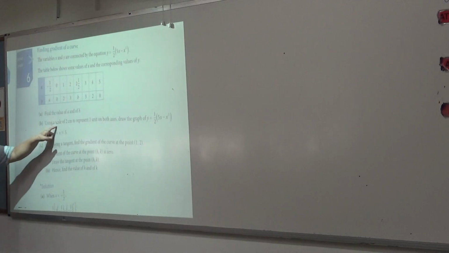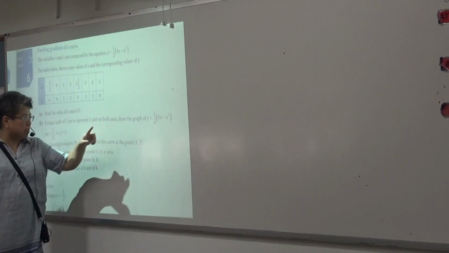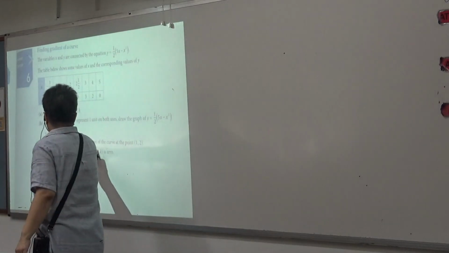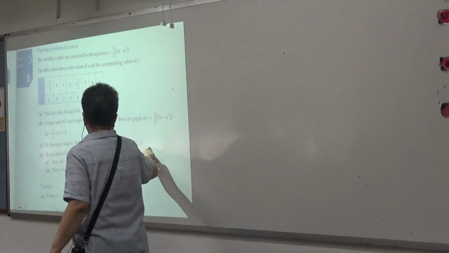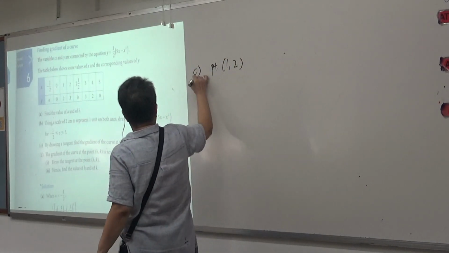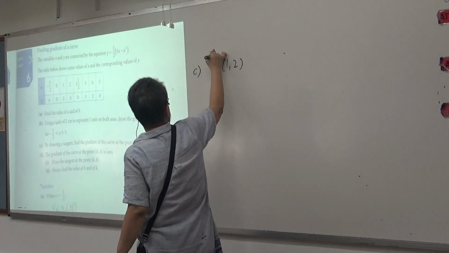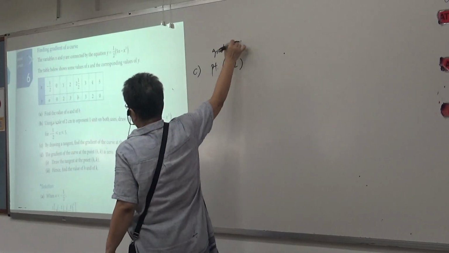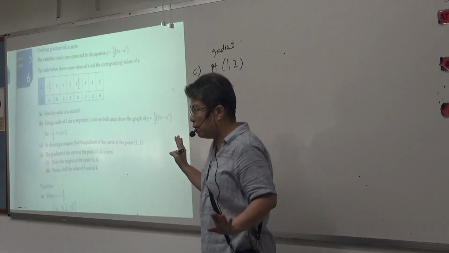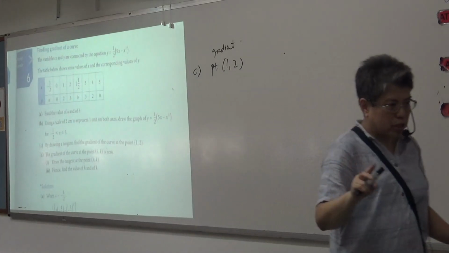Then using a scale of 2 cm to represent the unit, draw this graph. Then by drawing a tangent, find the gradient of the curve at point 1, 2. So this is part C. Find the gradient of the curve at point 1, 2. Okay, I'm going to do this part C first. Will that be okay? Okay, all of you turn to the next page.